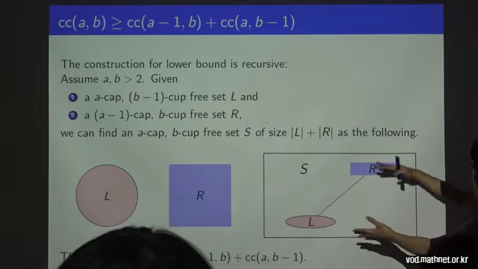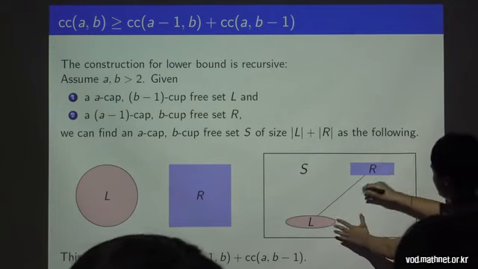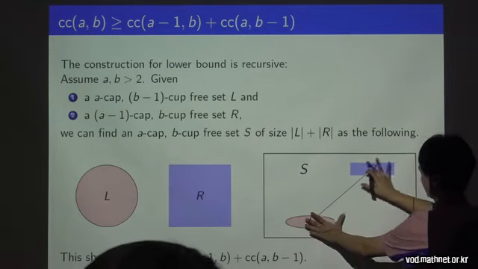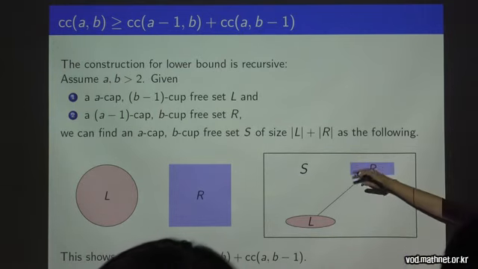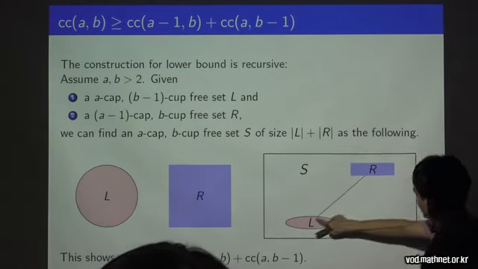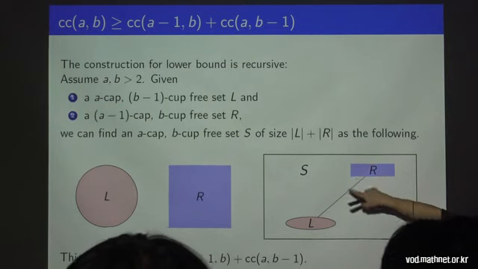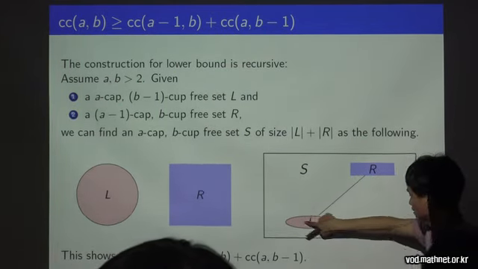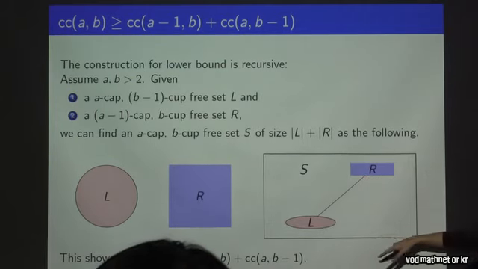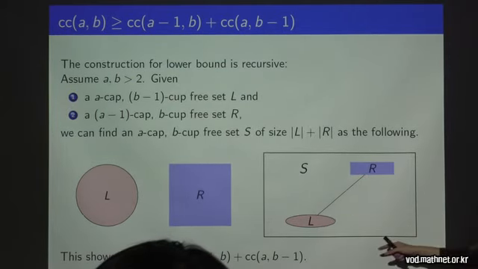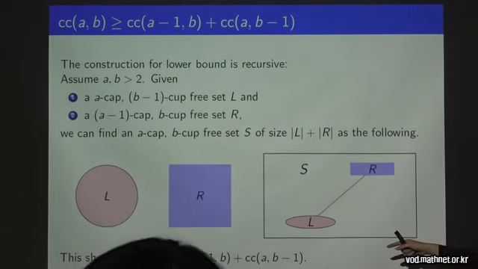Then we align them like this, so that horizontally L comes first, vertically R goes on top, so that any segment connecting L and R have slope much larger than the ones connecting 2 points in L and 2 points in R. Then can you see why this is an A cap B cup free set?